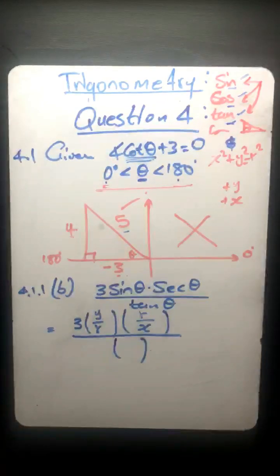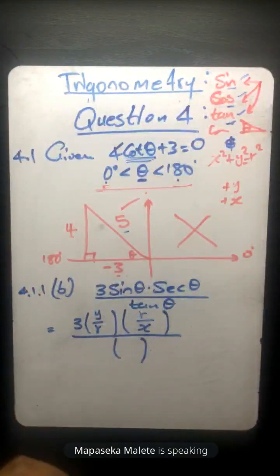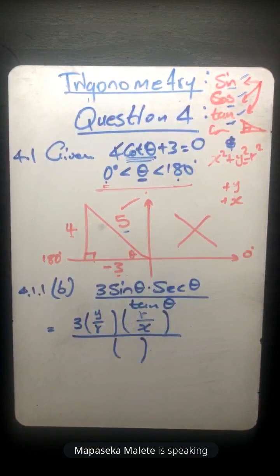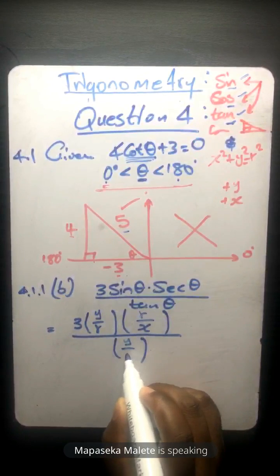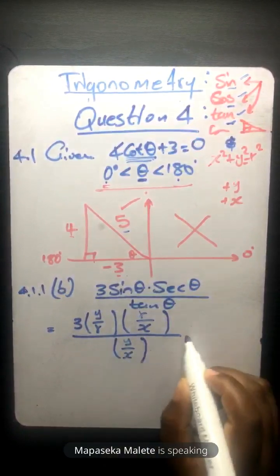Guys, trig ratio for tan. It's y over x, equal to 4 over -3.